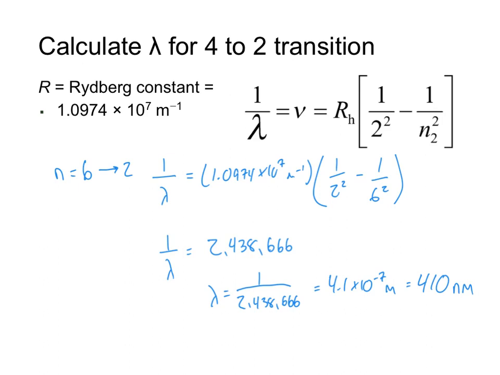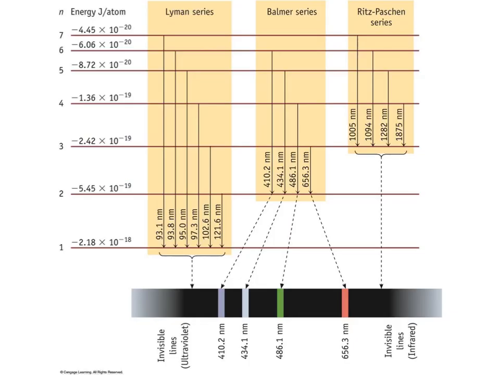So this tells us that a transition of an electron that started at level 2 and then was given energy to raise up to an excited state at level 6, when it drops back down to 2, will release light, which we will perceive as blue. And that's in fact what we see here.